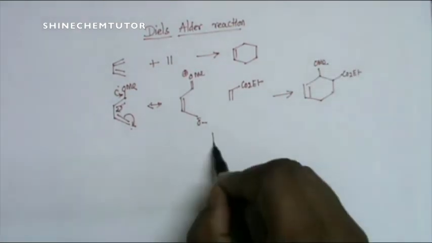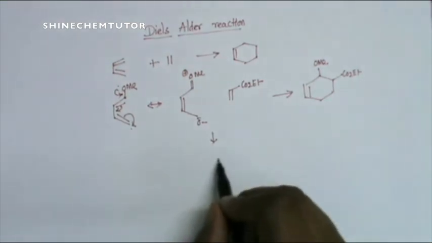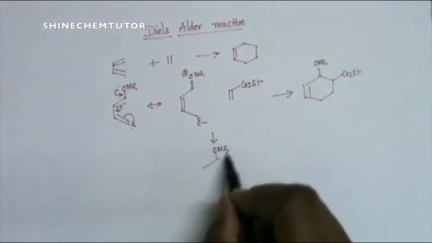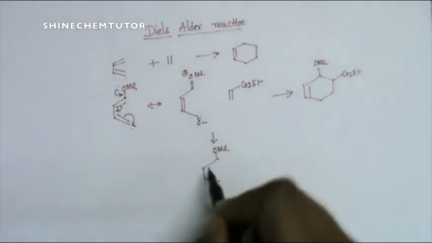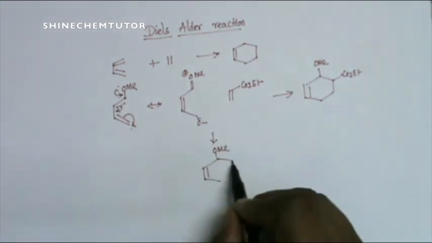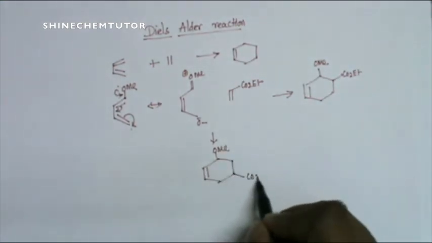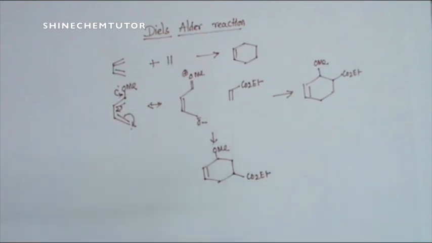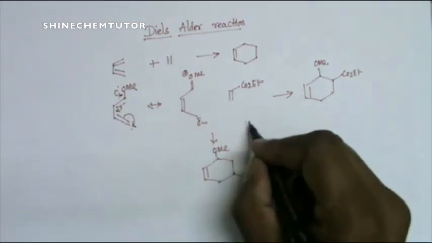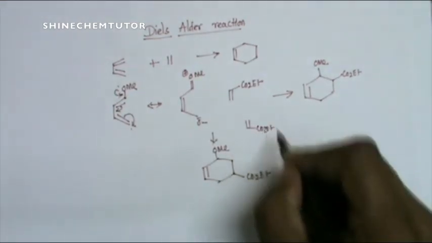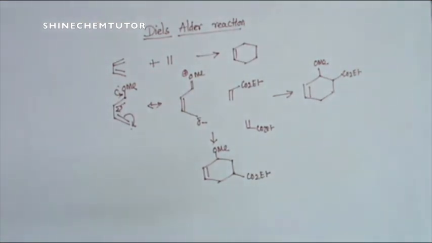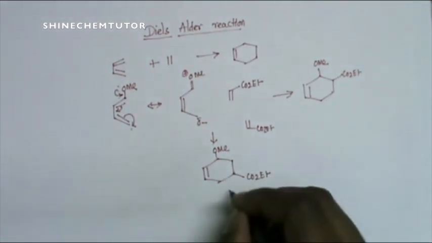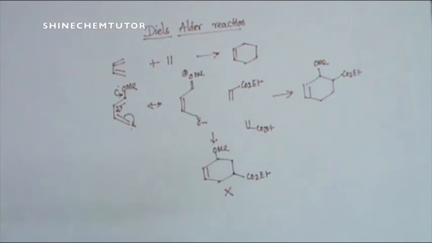There is another possibility, that is, I turn this, I add it the other way, and if you place it like this, you get this product. This one is not at all favored.